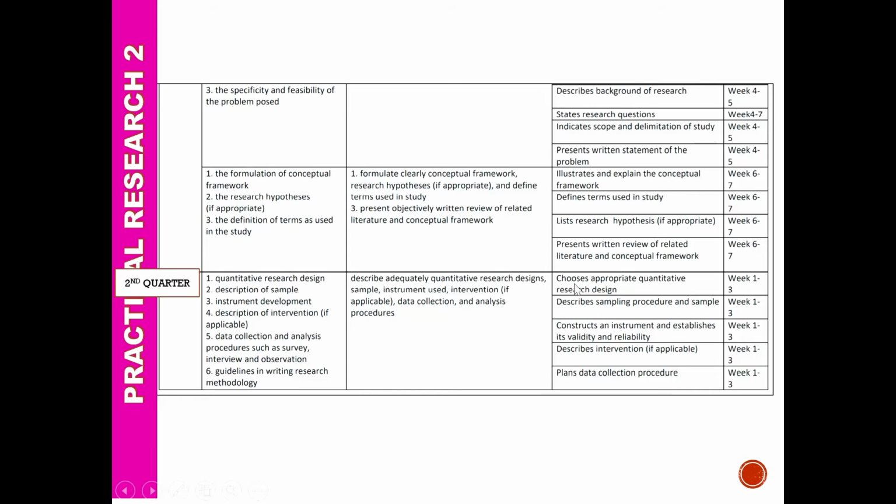First one is choose appropriate quantitative research design, describes sampling procedure and sample. Next is constructs an instrument and establishes its validity and reliability. Then next is describes intervention, if applicable. Then plans data collection procedure.